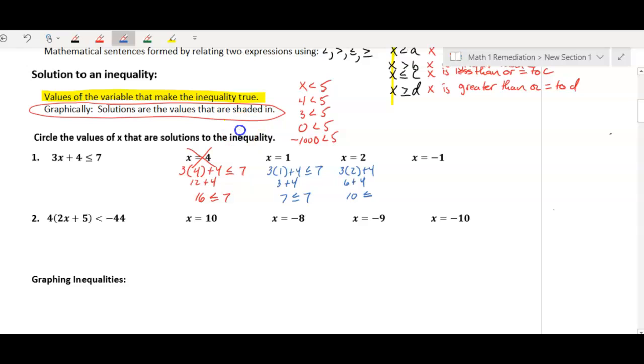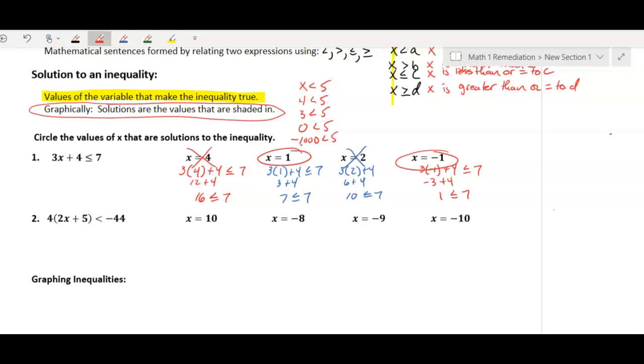Is 10 less than or equal to 7? No. And let's look at negative 1. If I do 3 times negative 1 plus 4, is that going to be less than or equal to 7? Well, negative 3 plus 4 would give me 1. Is 1 less than or equal to 7? Yes. Therefore, these two values are solutions to the inequality.